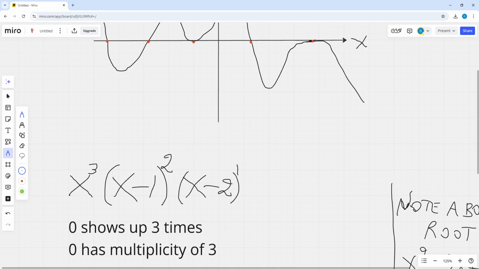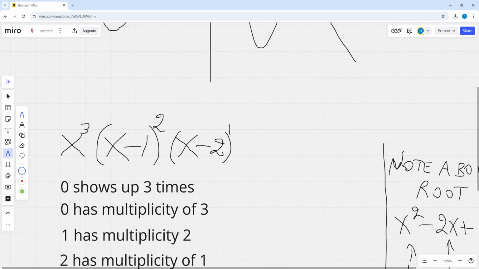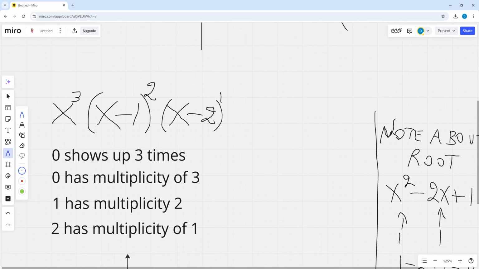The number shows up more than once in the multiplication in factored form of the roots. So if we say 0 shows up 3 times, we say that 0 has a multiplicity of 3. If 1 shows up twice, it has a multiplicity of 2. And if 2 shows up once, it has a multiplicity of 1.